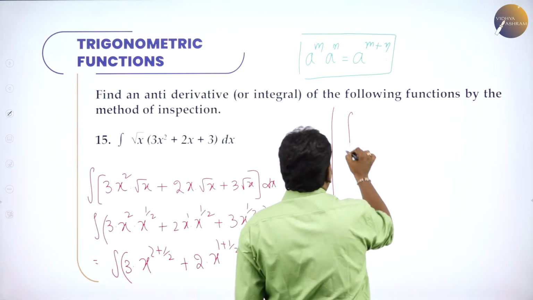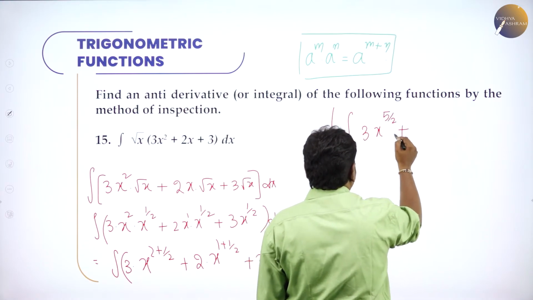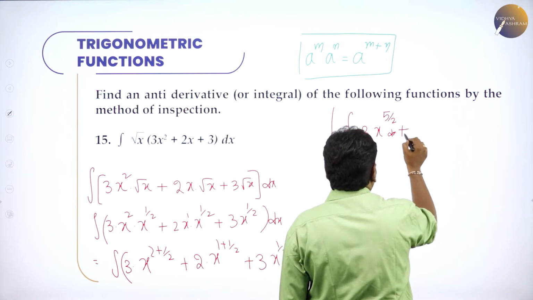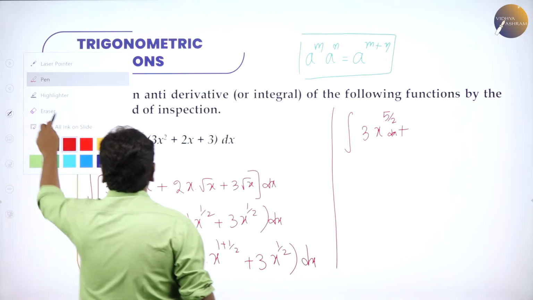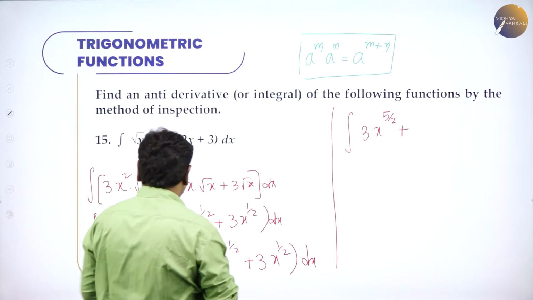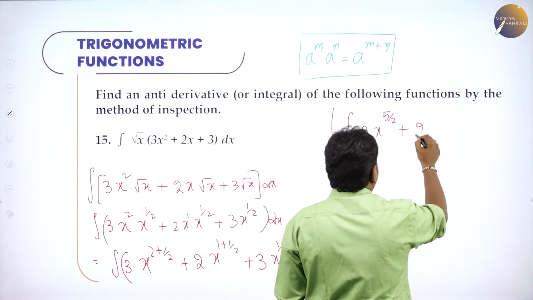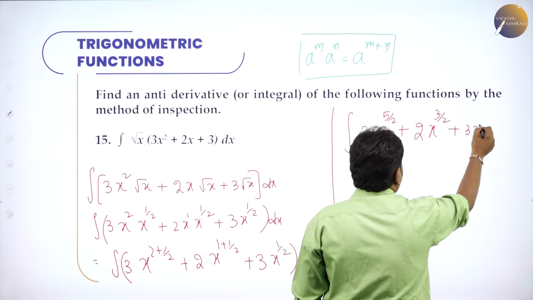So it will become integration of 3 into x^(5/2) dx plus. First let us simplify, then 2 into x^(1 + 1/2) is x^(3/2), plus 3 into x^(1/2) is there.